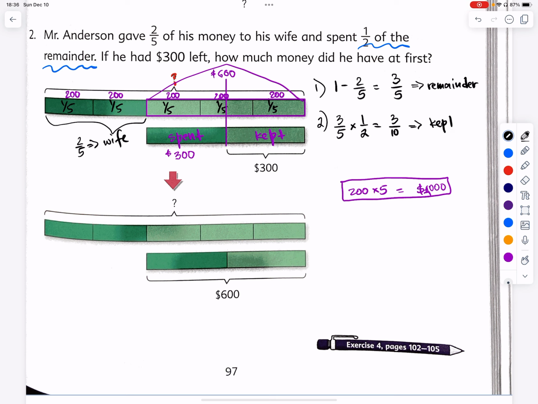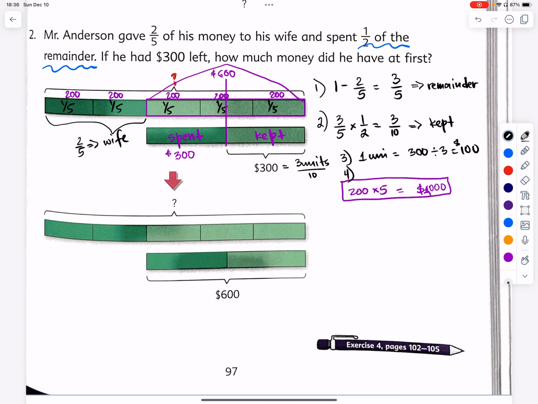Half, kept, okay? So this $300 is the same as 3 units out of 10. If 300 is 3 units, that means each unit is 100. That means 1 unit equals 300 divided by 3, which equals $100.